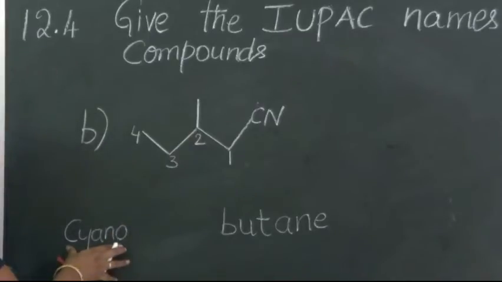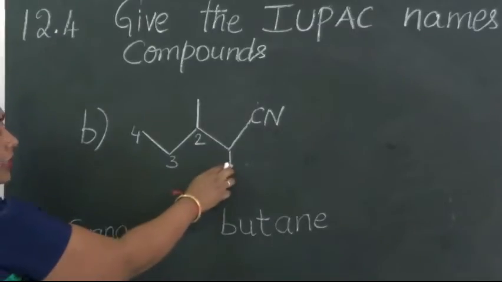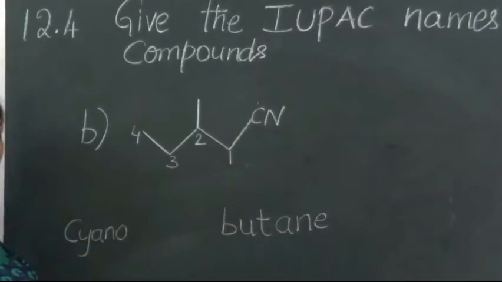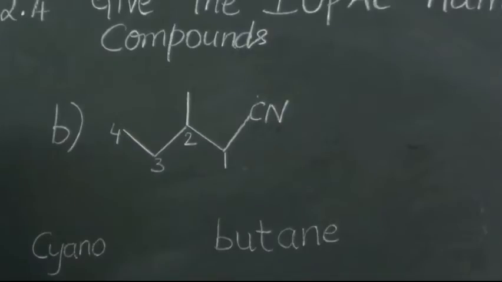Cyano. Where is the cyano? It is attached to the first carbon atom. This carbon atom is containing the cyano as its side chain there. So therefore whether I write the locant 1 or not, it is not going to matter as much. So as well we can still retain the name as cyano.